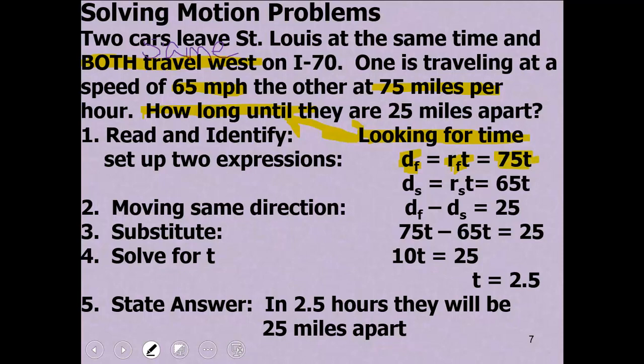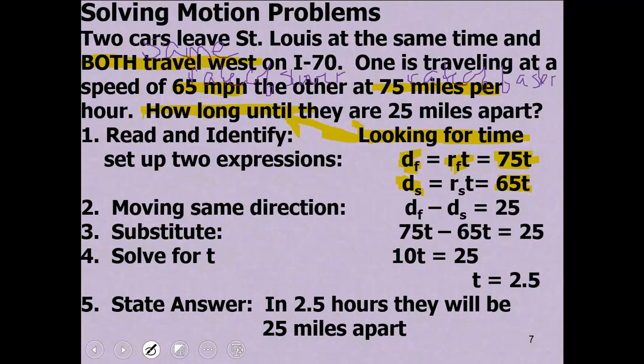The distance of the slower car is 65t because its rate is 65 miles per hour. You do recognize that 65 mph is a rate. This is the rate of slower. This is the rate of faster.